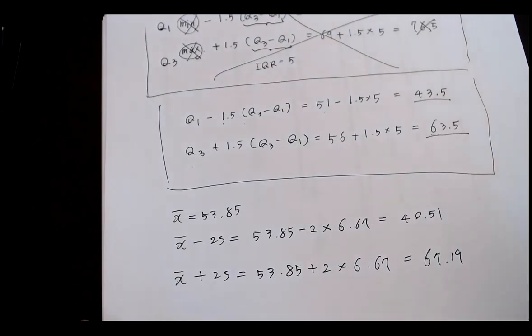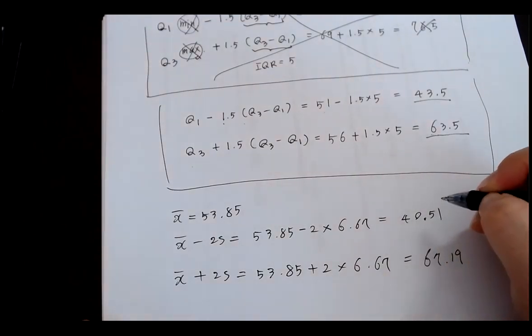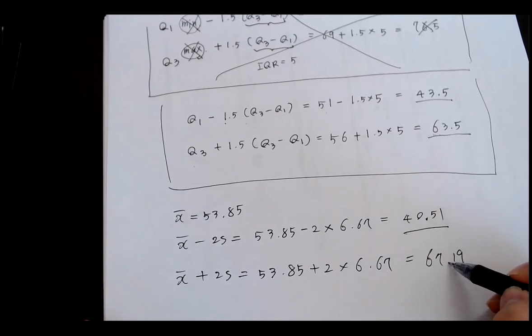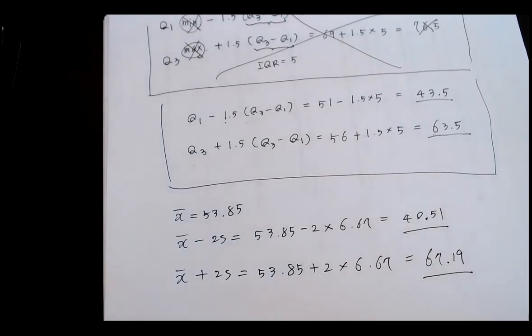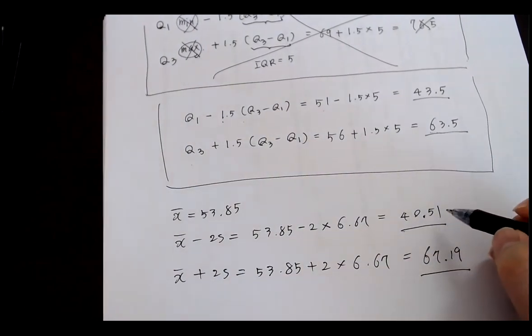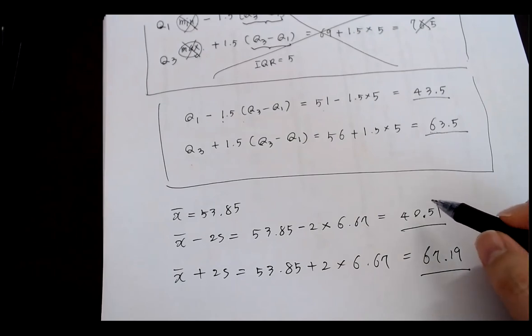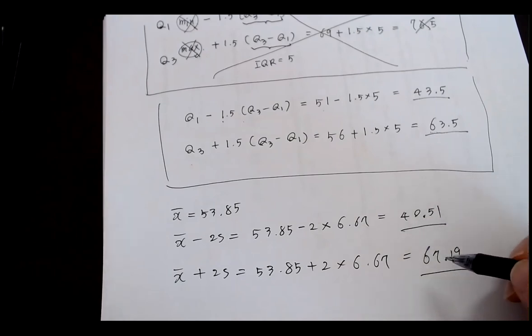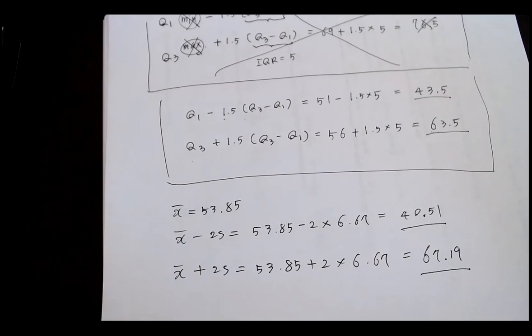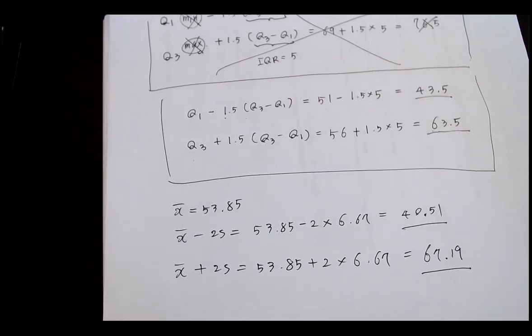I got 40.51 and then 67.19. So you can say that most US prisons are between 40.51 and 67.19 ages. We can say just 40 and 67, because age should be an integer. Okay, and the next question.